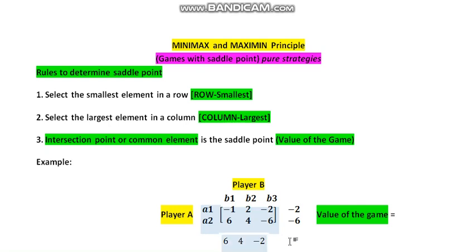Now from the third rule, the intersection point or the common element is the saddle point, which will give us the value of the game. If we look at the elements that we have selected from the rows and the columns, this minus 2 and minus 2 becomes a common number from both the smallest elements in the row and the largest elements in the column.